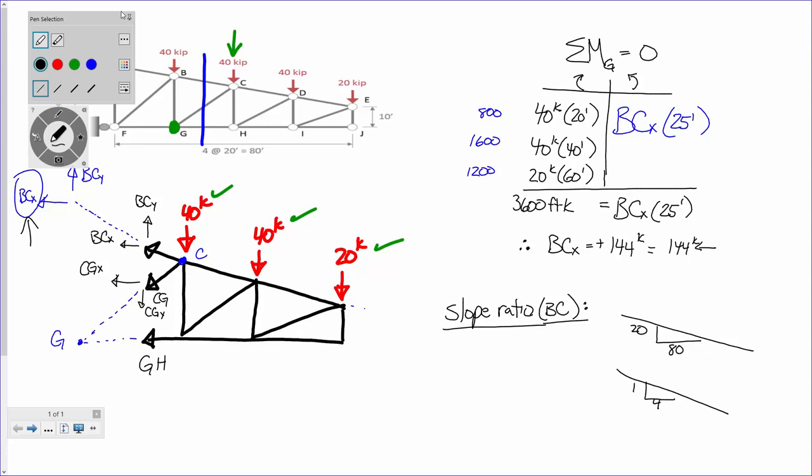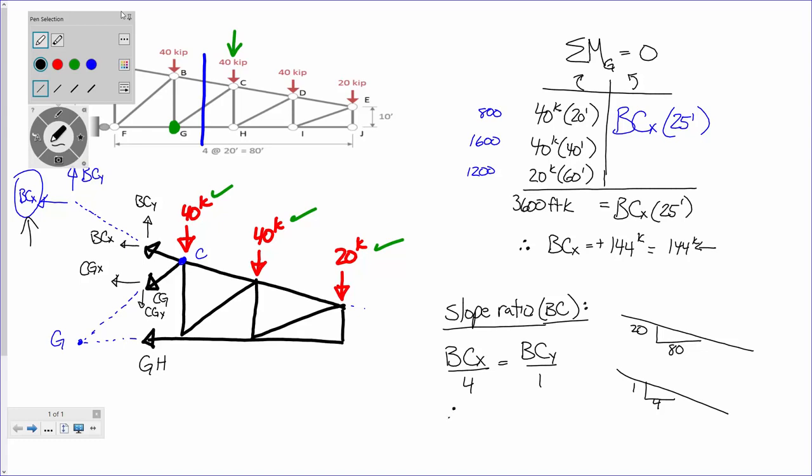So would a fair way of writing this is BCX is to 4 as BCY is to 1? Would that be a fair way of writing it?